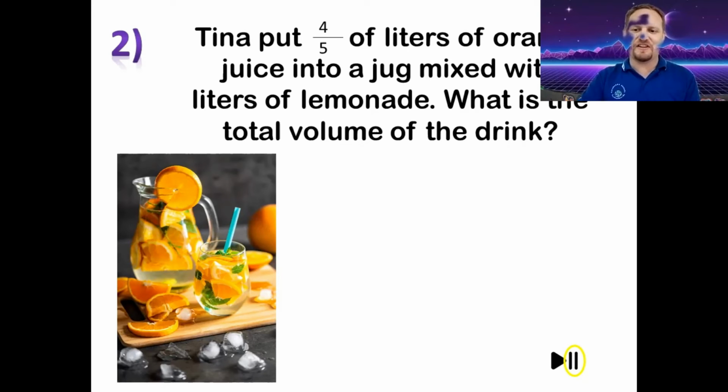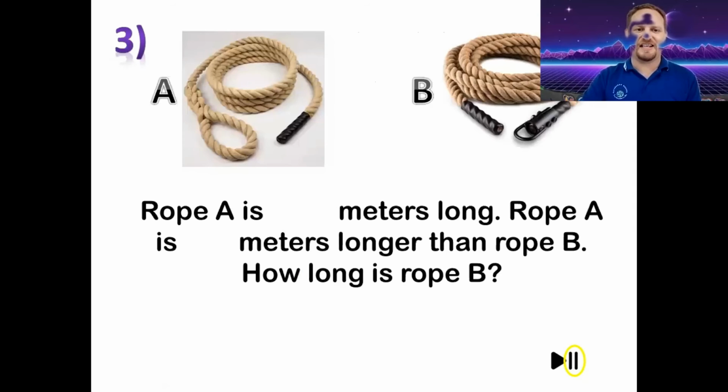Okay, good. Question 3. You can see 2 pieces of rope. Okay, it says rope A is 6 3/4 meters long.